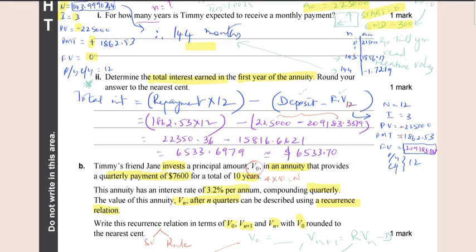So 1,862.53 times 12, take away this calculation, will give me this answer, 6,533.6979 approximately. It's always important to write your calculator answer first and round it off to the nearest cent, because that's your question. Even otherwise, if it's not mentioned, you will always round off to the nearest cent unless asked otherwise, okay? And that is the total interest.